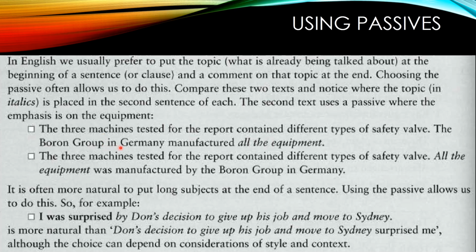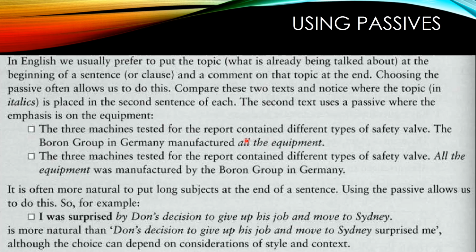The Boron Group in Germany manufactured all the equipment. All the equipment is the topic of the whole sentence. It's important, but in the active voice, we put this topic at the end of the sentence because these are the rules of sentence formation.